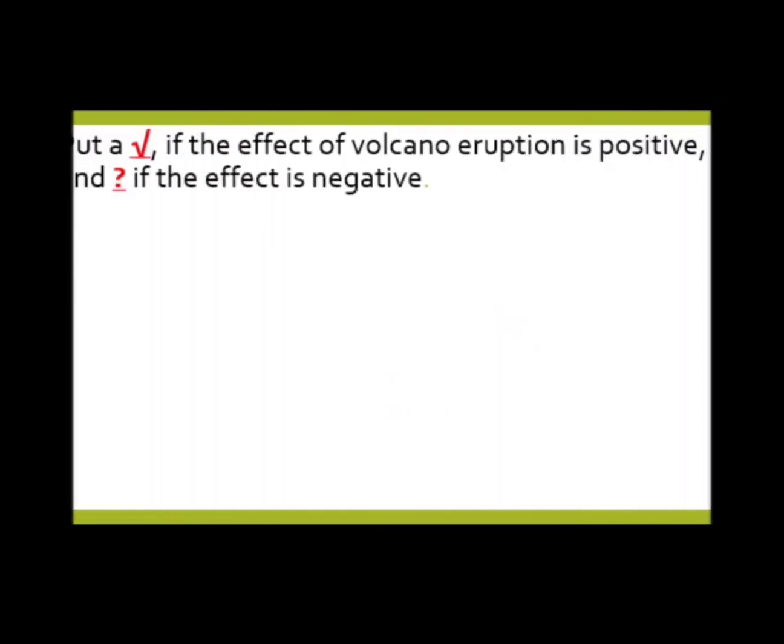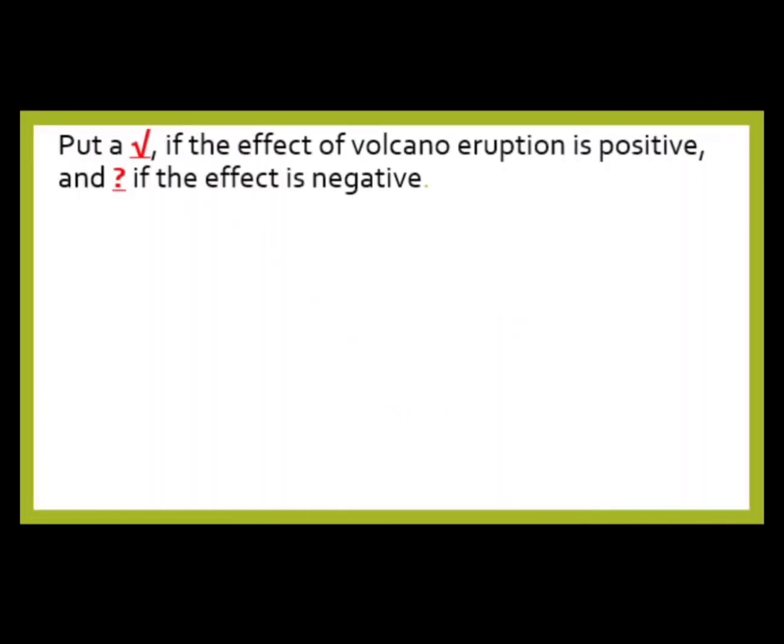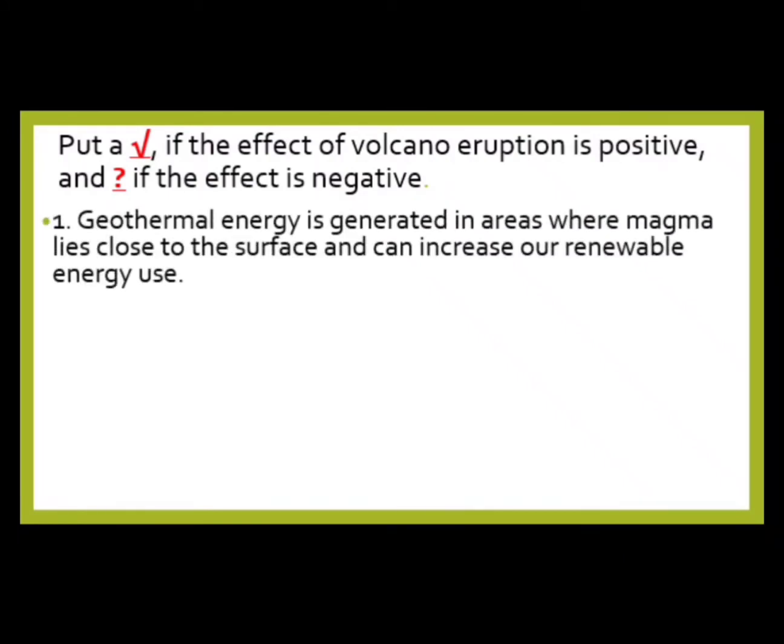Let's have an activity. Put a check if the volcano eruption effect is positive and a question mark if the effect is negative. Number 1. Geothermal energy is generated in areas where magma lies close to the surface and can increase our renewable energy use.